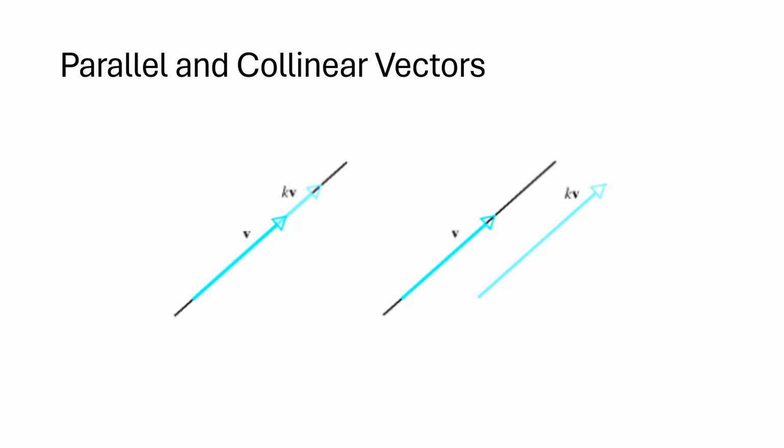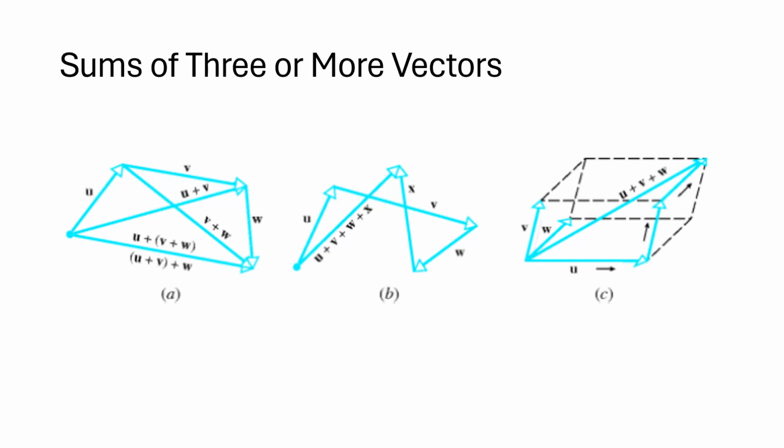So let's have the sum of three or more vectors. Vector addition satisfies the associative law of addition, meaning that when we add three vectors, let's say u, v, and w, it will not matter which two vectors we add first.